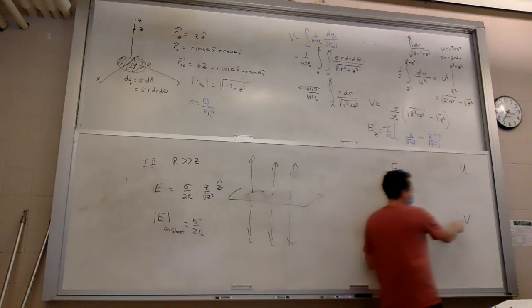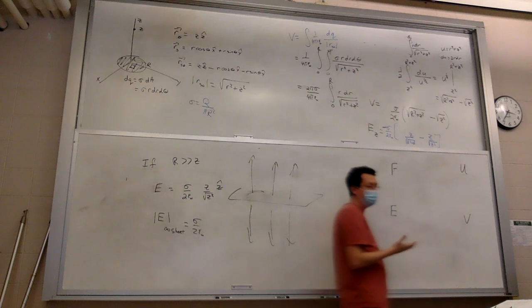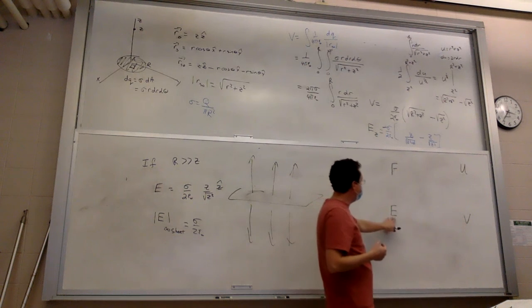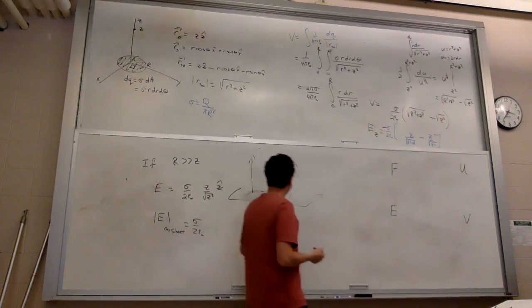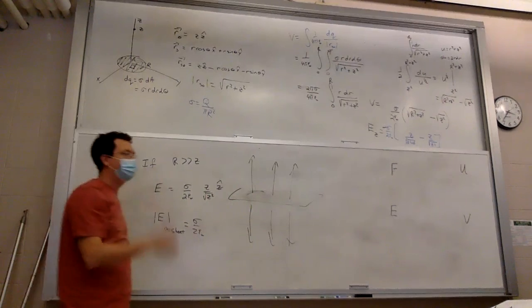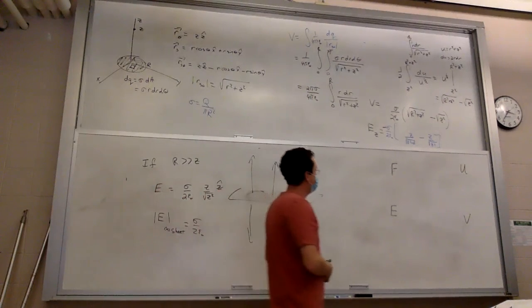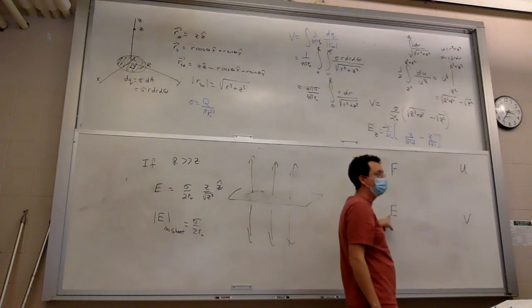So if the question is find V, and it's a shape with lots of symmetry, first find E using Gauss's law and integrate to get to V. If it's not, then you have to do this method, which is kind of a mess. But it's no worse than the first way I taught you to find electric fields, because you don't have the unit vectors. It's the same skills.